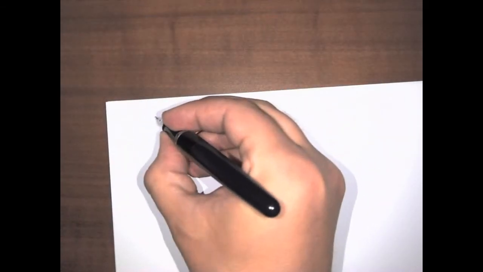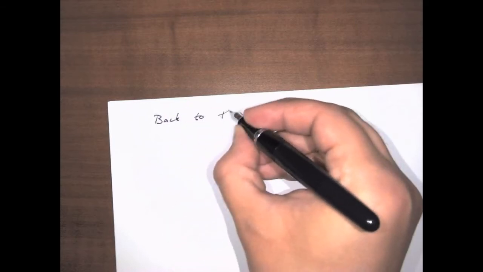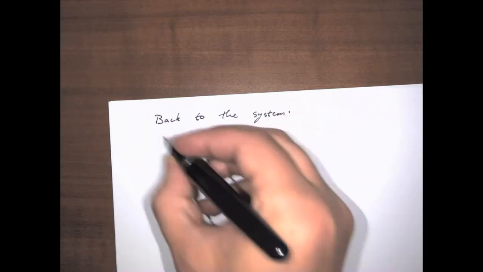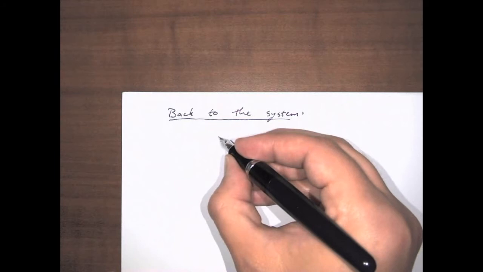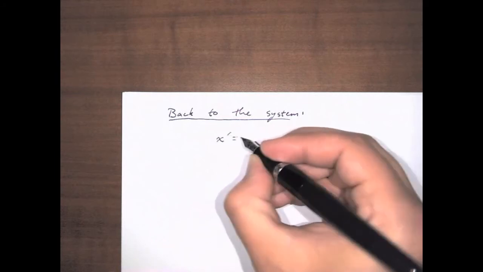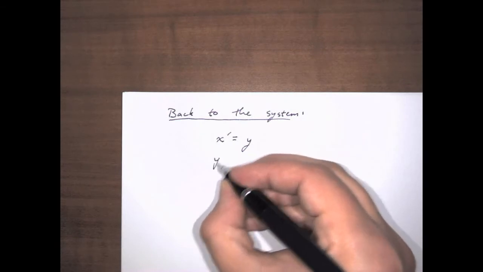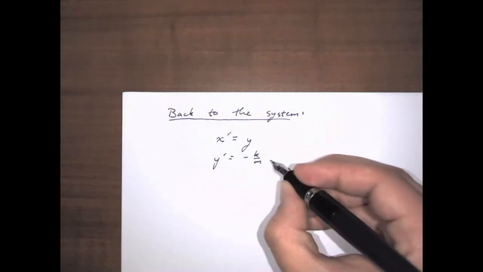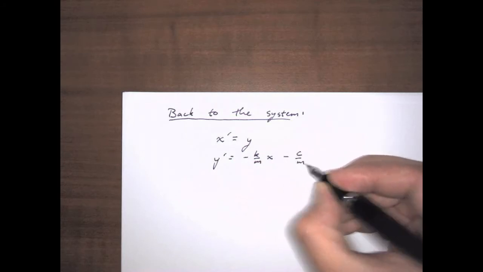So going back to the system, what we have was x prime equals y, y prime equals negative k over m x minus c over m times y.